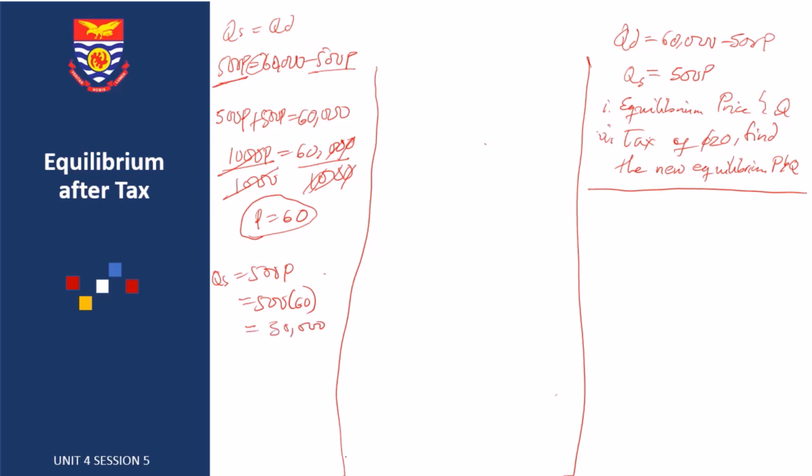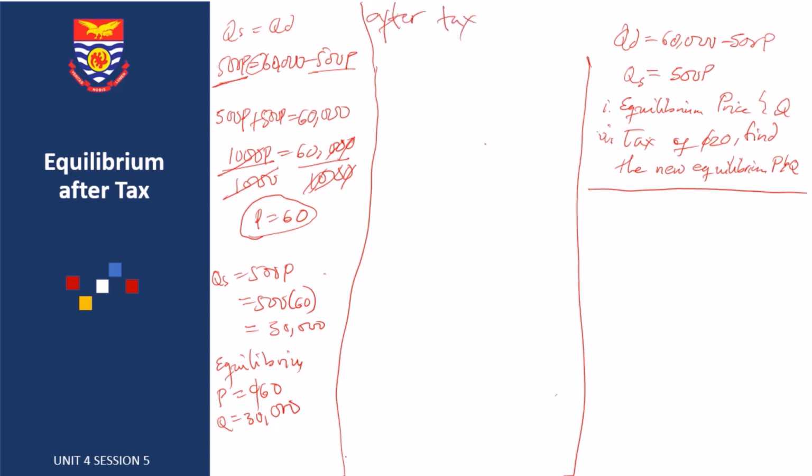So I know that my equilibrium price is 60 Ghana cedis, and my quantity is 30,000. Now there was a tax imposition, so I have to find after tax.